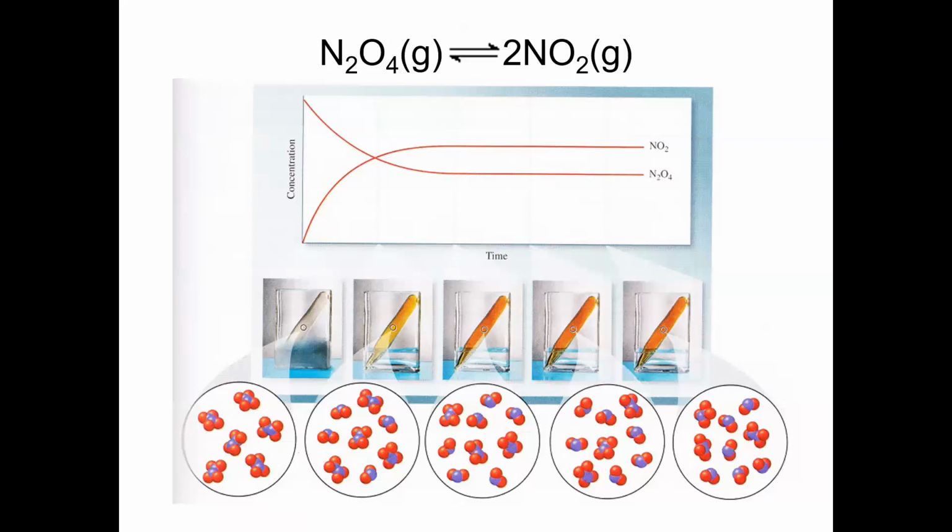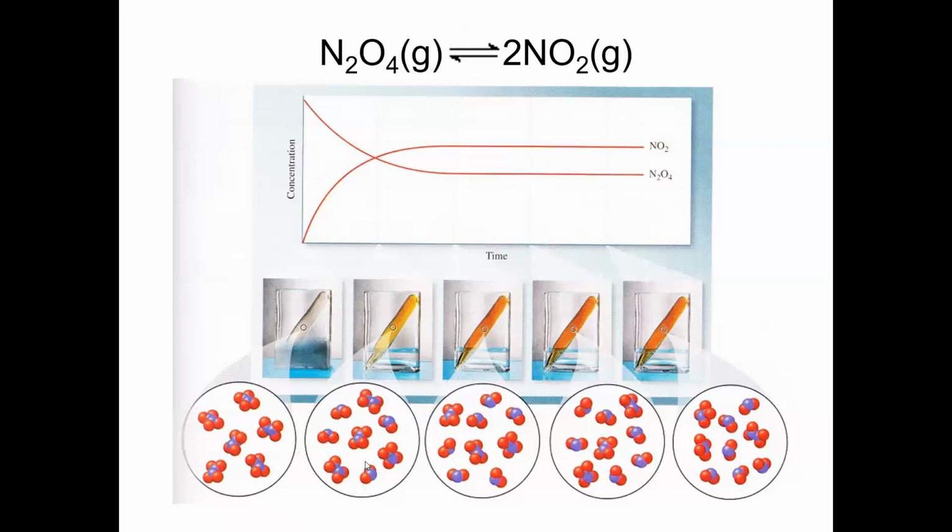Looking at the particle level down below, notice that in the picture on the left, we are starting out with only dinitrogen tetroxide, which is a completely clear gas. As the reaction starts to occur, some of those dinitrogen tetroxides form the smaller nitrogen dioxide molecules, which are more of an orange-brown color.